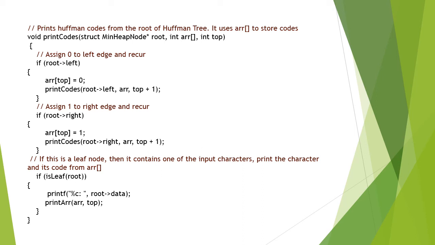As I said in the explanation of the Huffman tree construction, whatever values are present on the left side will be represented by 0 and the right side by 1. This is what takes place here: assigning 1 to the right edge and performing the recursion. If this is a leaf node, then it contains one of the input characters, and we print the code from the array.